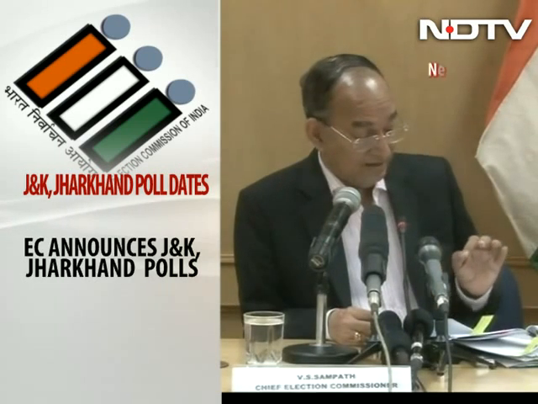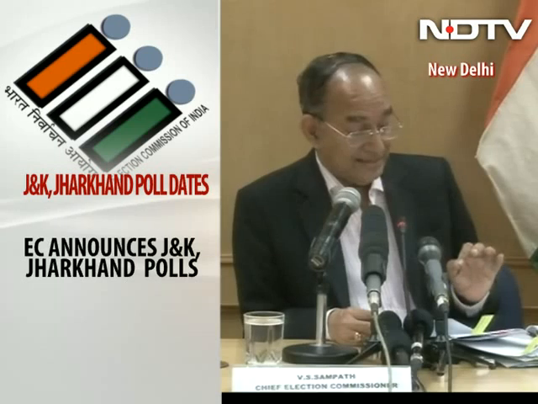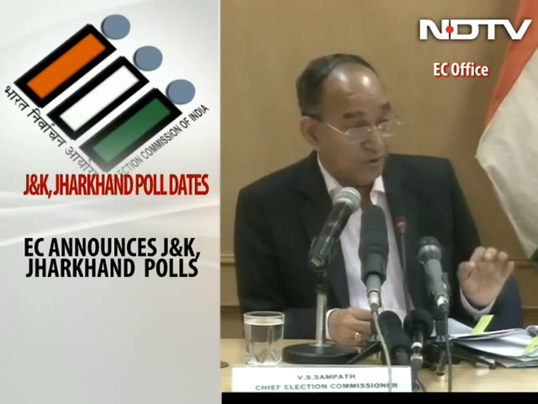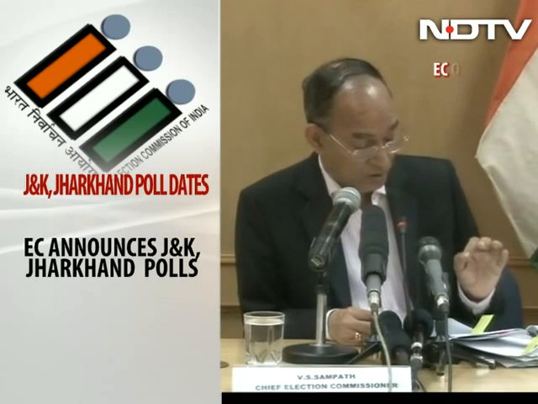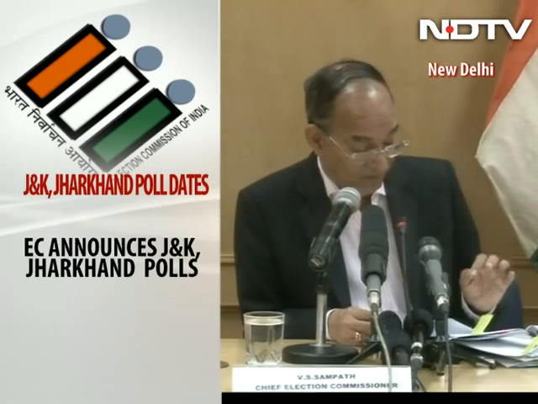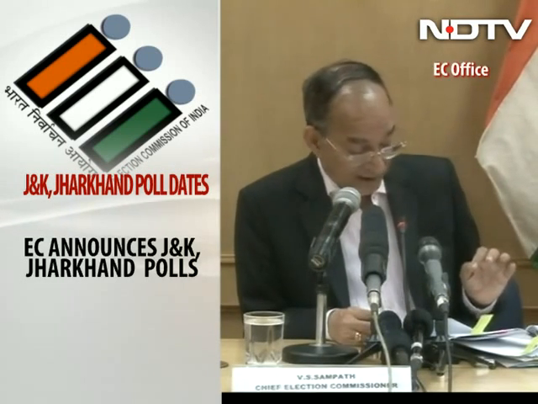Last date for making nomination is 5th November 2014, date of scrutiny 7th November 2014, last date of withdrawal is 10th November 2014, date of poll 25th November 2014. Counting on 23rd December, which is again common for all the phases, for all the 3 elections. That is 23rd December. This is about phase 1.